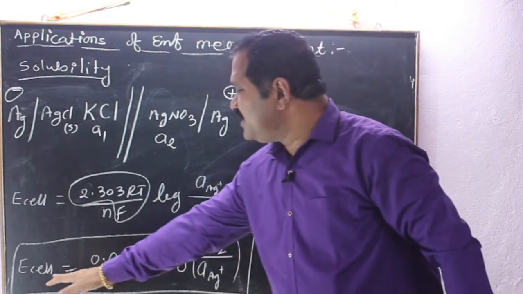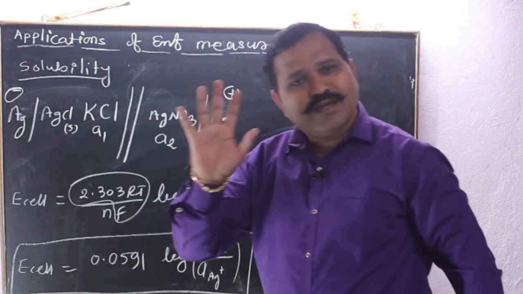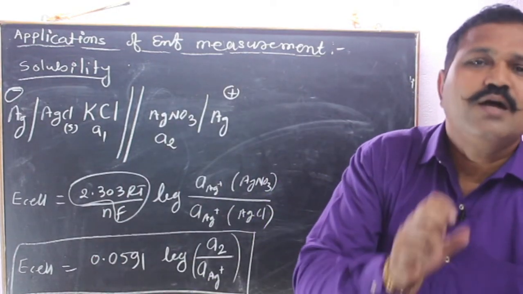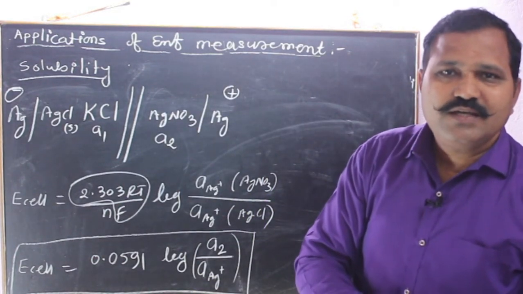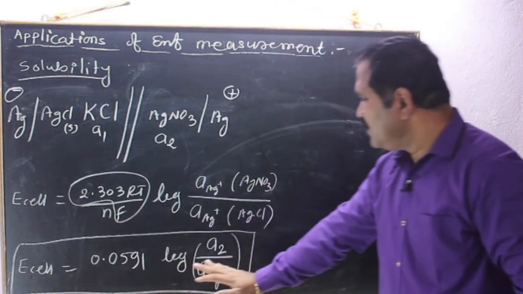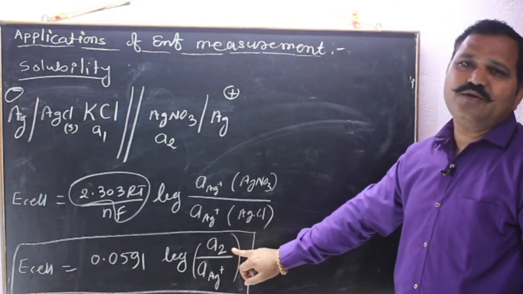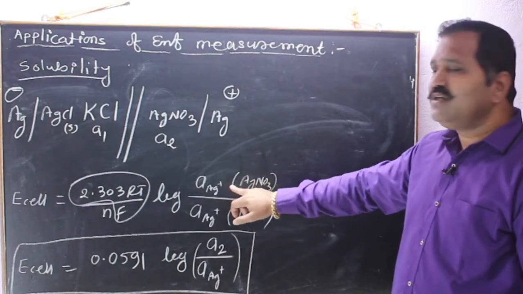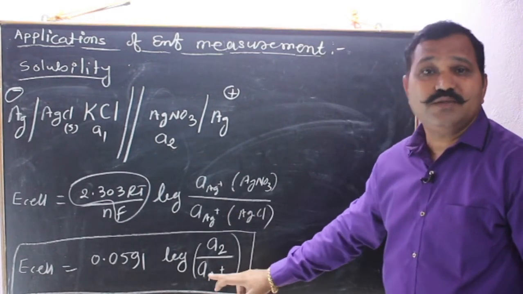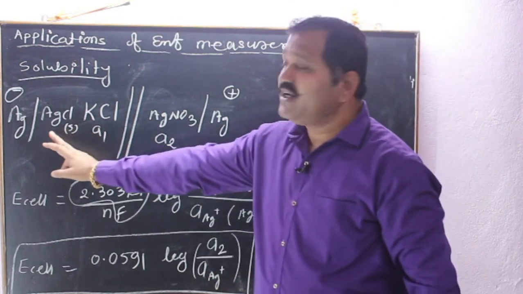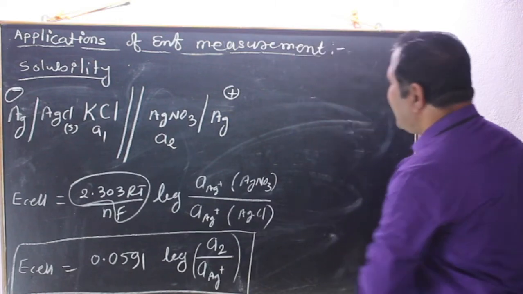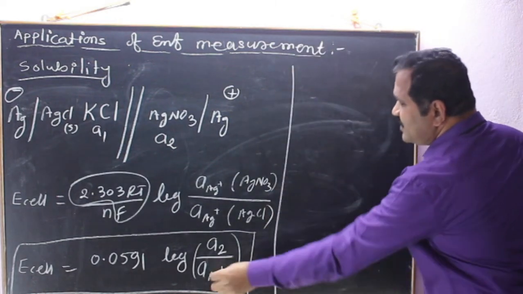Since we are measuring the potential by potentiometry, EMF of the cell is measured with the help of a potentiometer. E cell is known. A2, activity of Ag plus from AgNO3, is also known. We can determine the activity of Ag plus from this side, AgCl side. Now this activity is determined from this equation.